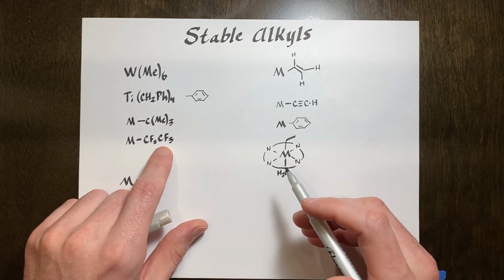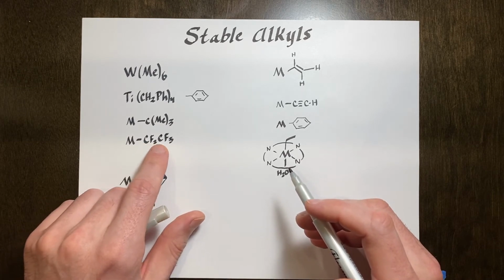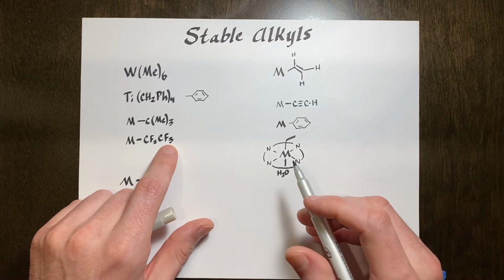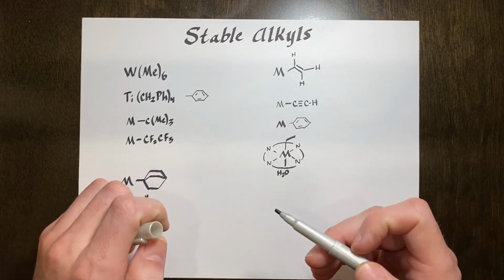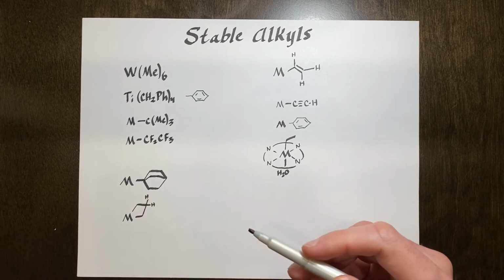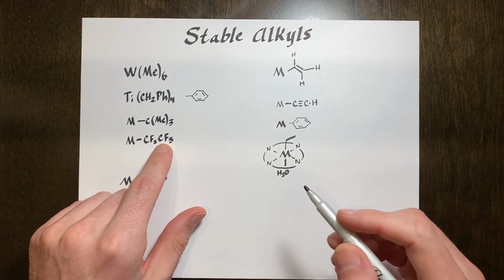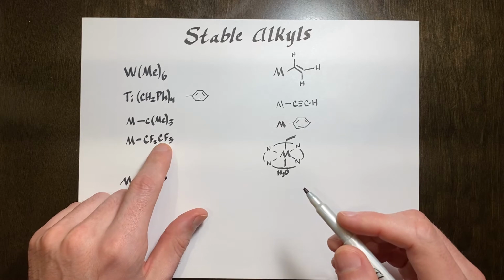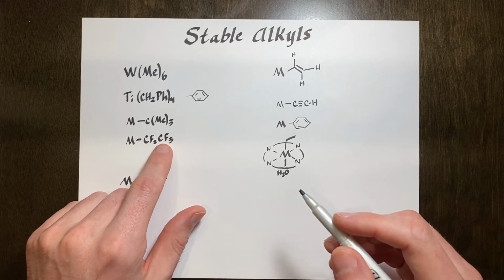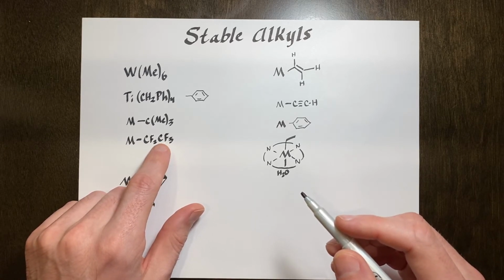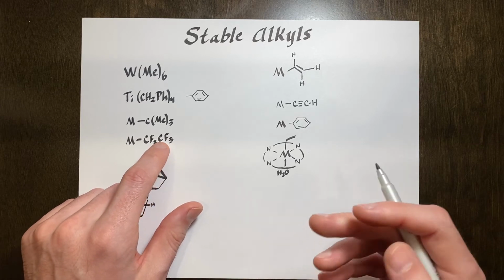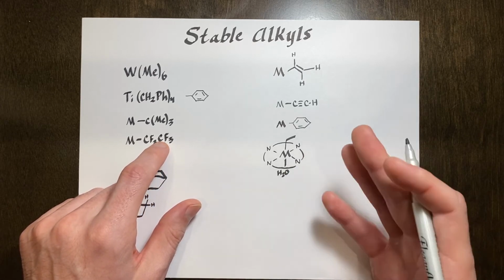And then here we have something that does not have hydrogens on it. In fact, it has fluorines, and if you know anything about fluorine chemistry, the carbon-fluorine bond is extremely stable. And so it takes quite the special conditions in order to break that bond. So this is a stable metal alkyl in most cases.